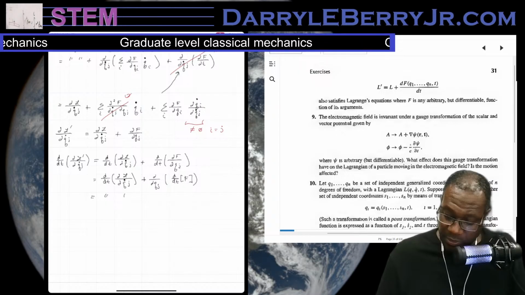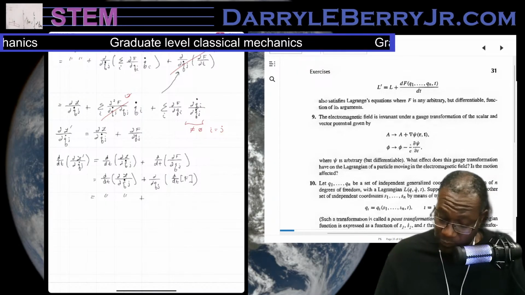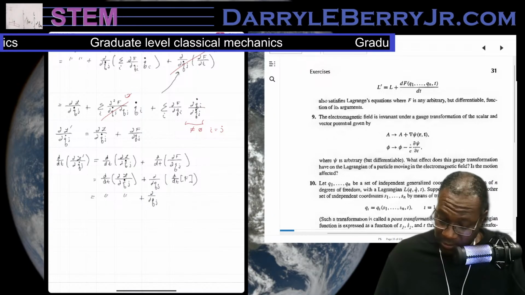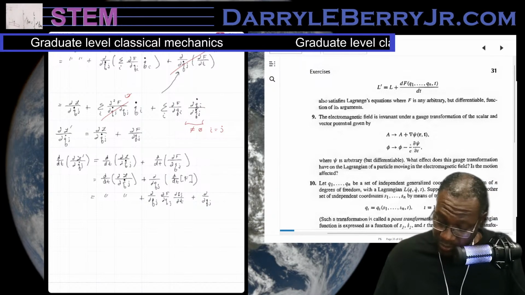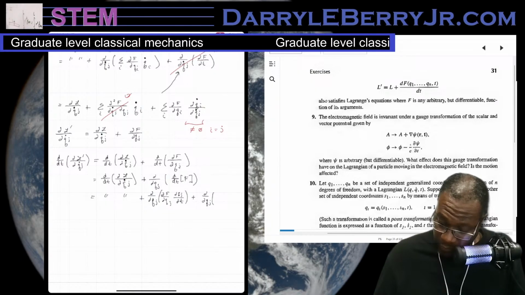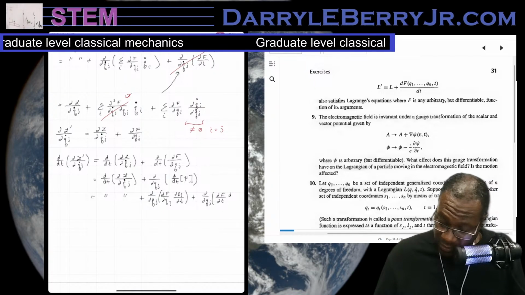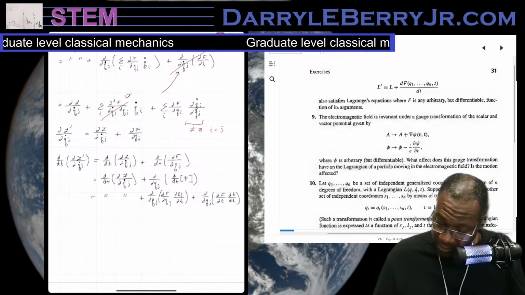So this equals, it stays there, plus partial f over partial q_j, partial q_j over partial t, plus partial over q_j of dq_j over dt.